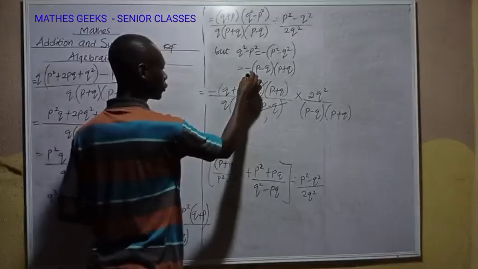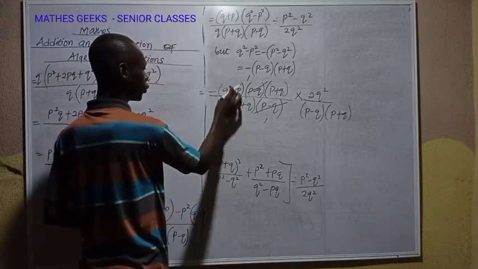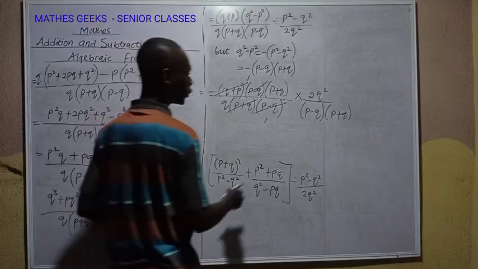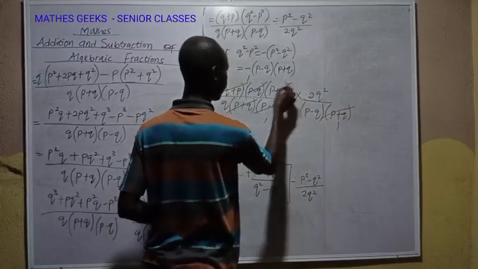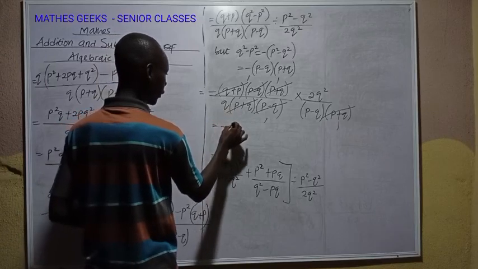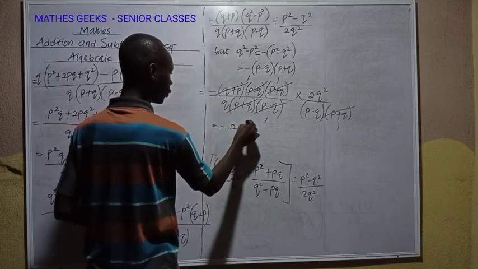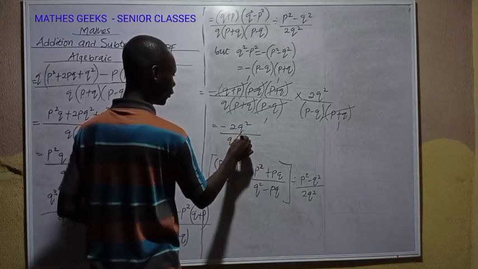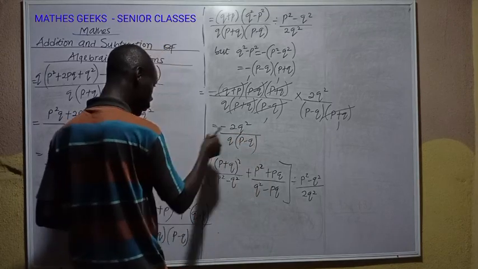So let's now look for common factors to cancel. p plus q and q plus p are the same irrespective of the order. And here we have p plus q and p plus q. So we are left with minus 2q squared over q times (p minus q).